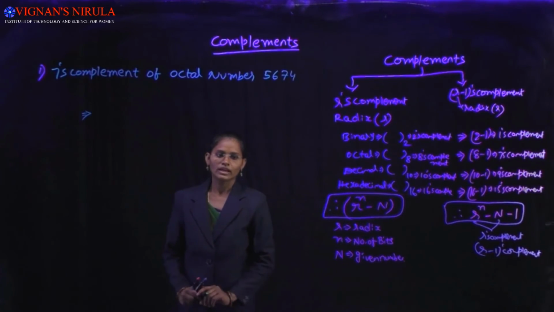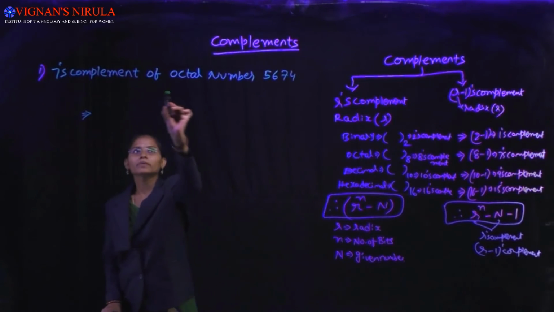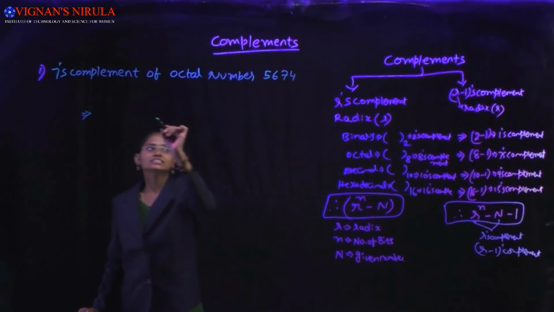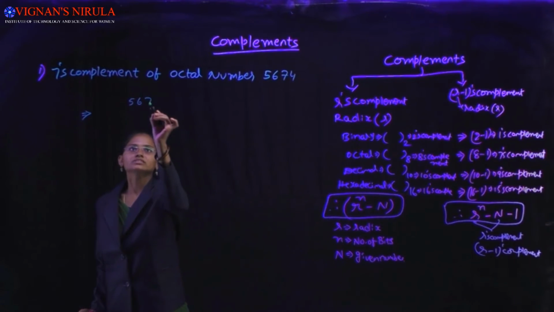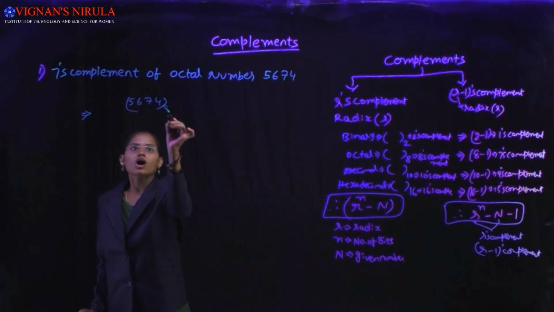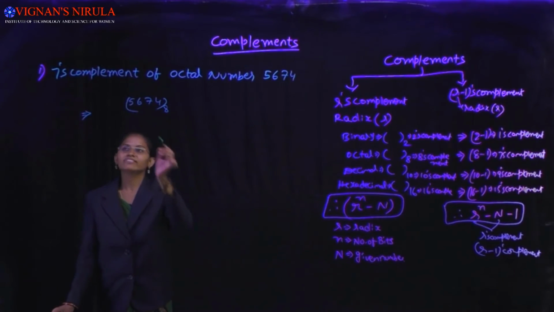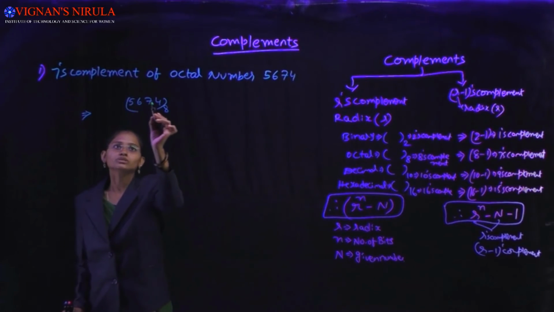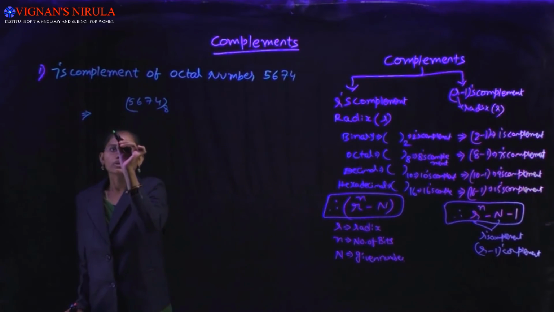Okay, and next problem is sevens complement of an octal number. This is the octal number 5674. Then find out the sevens complement. Here number of bits are 4.